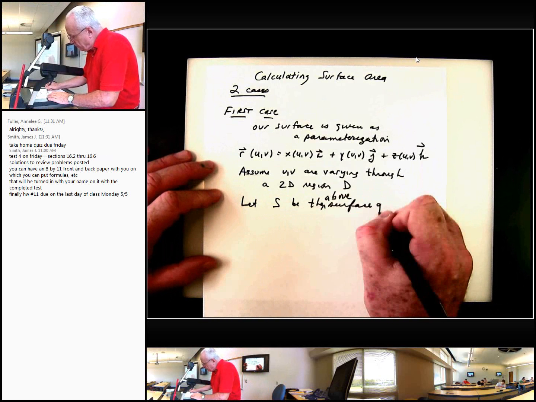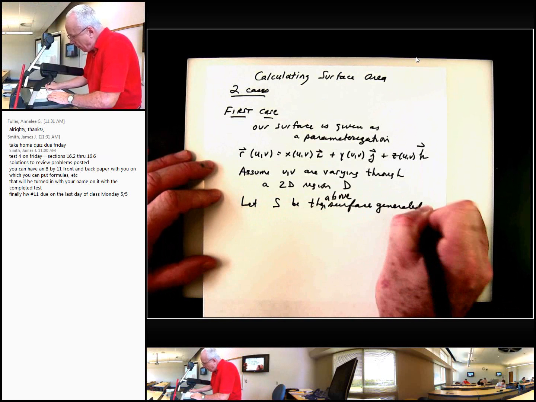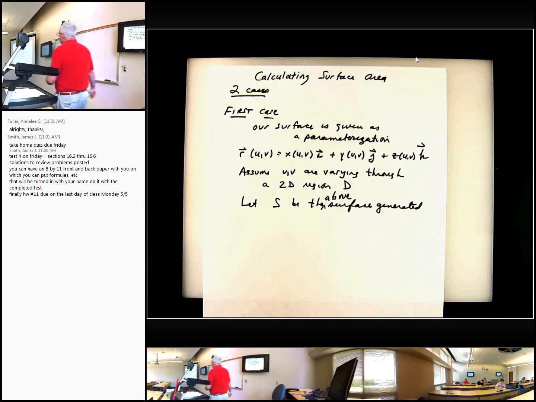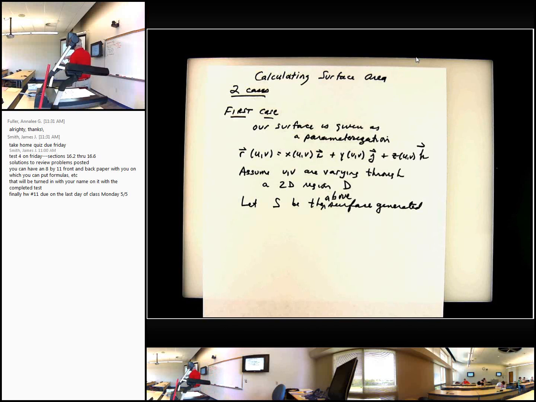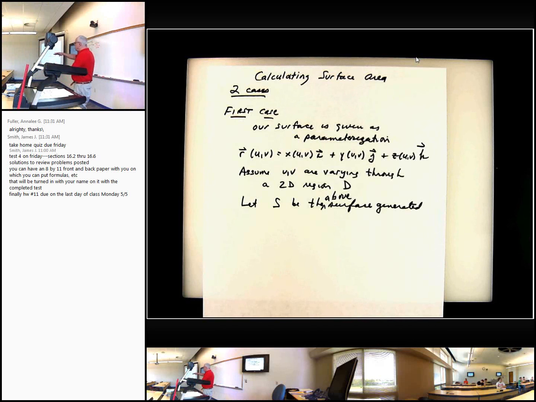One thing we want to make sure of is that we only go through F one time. Somehow we've got to be careful that as u and v are going through this region, we're not going through F and then repaving it over again. We're only going over F one time.